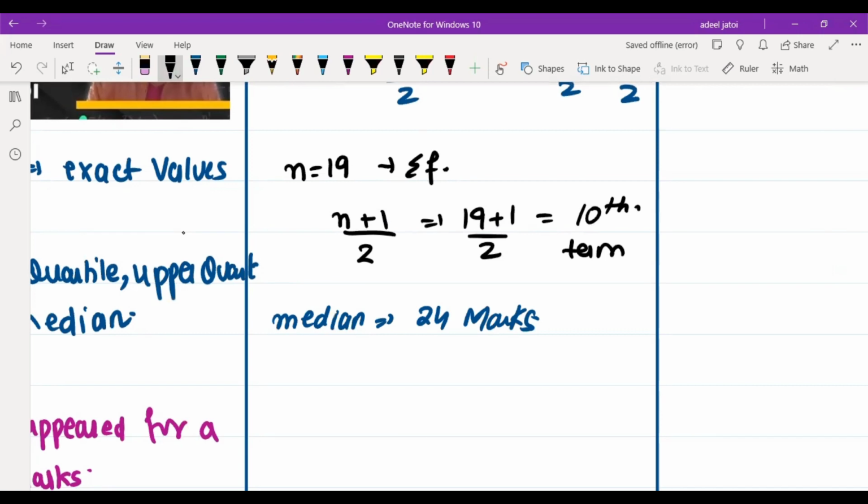Then the median becomes 24 after counting from the very first value. And remember, the values will be in ascending order when you are keeping them in the stem and leaf, because only in ascending order can we find the median.